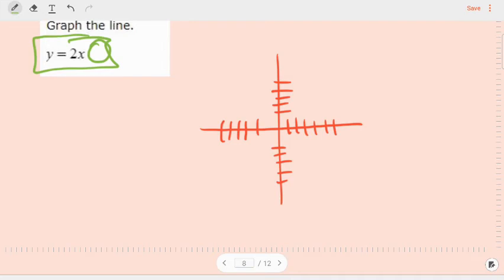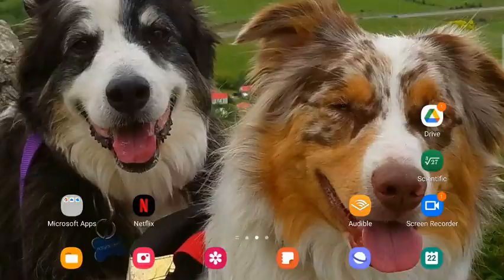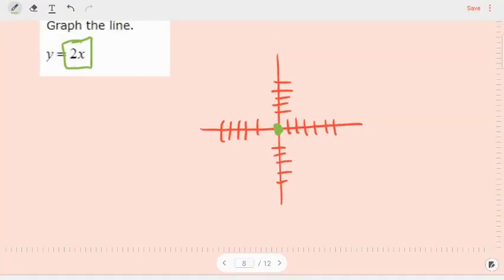So my y-intercept, when there is nothing other than just a number and x, is always in the center of my graph. So go ahead and put that dot in the center of your graph. And the number next to x is my slope. So 2 is my slope. That's the steepness of my line. Remember to make it a fraction. Count up 2 and over 1, and there's my dot. That's my graph.